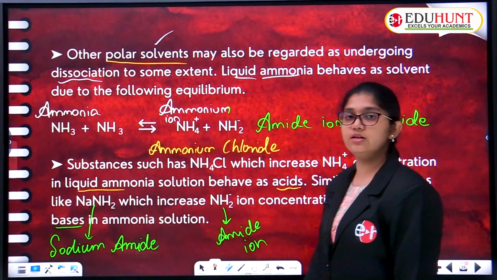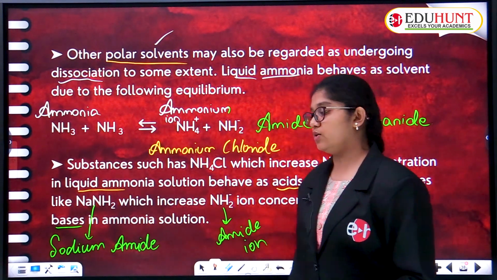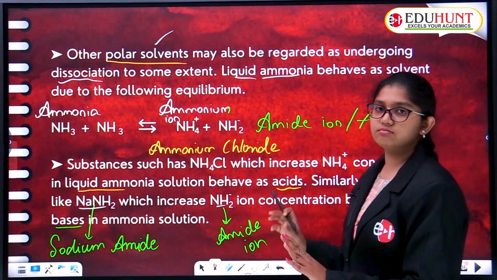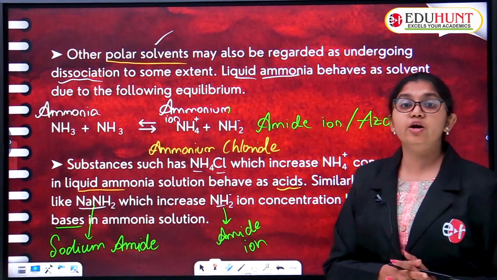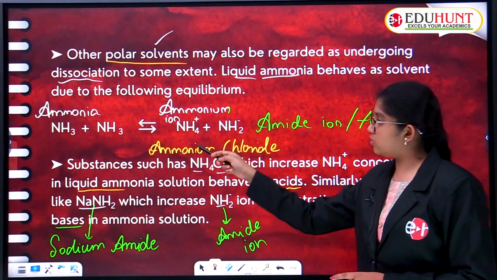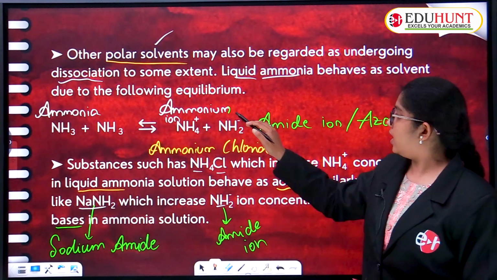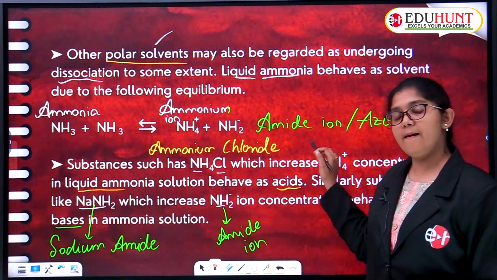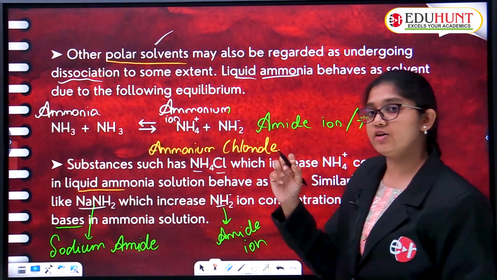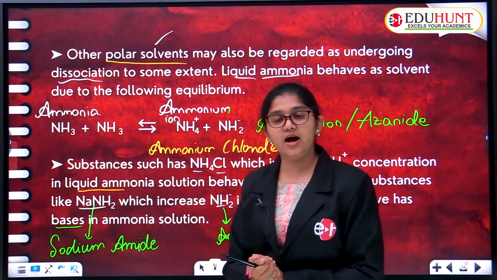This is the modification of the Arrhenius theory of acids and bases, special for ammonia. Cations behave as acids and anions behave as bases.